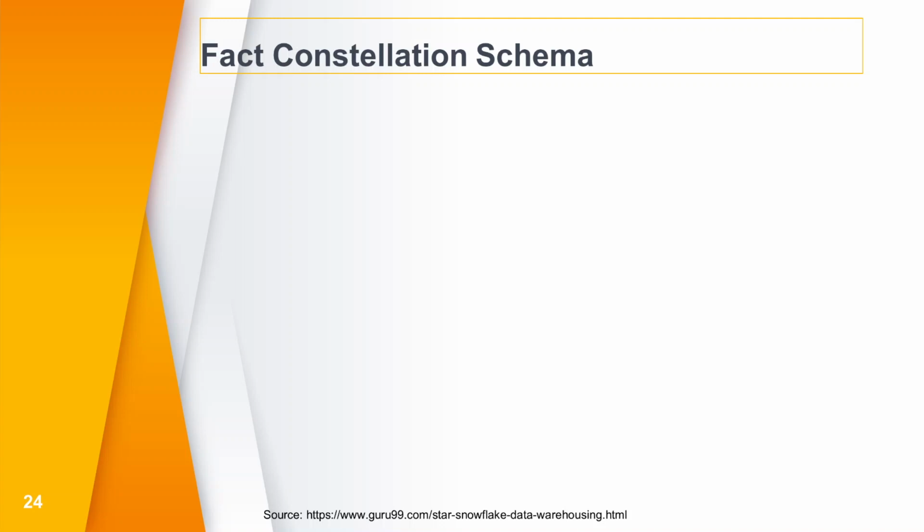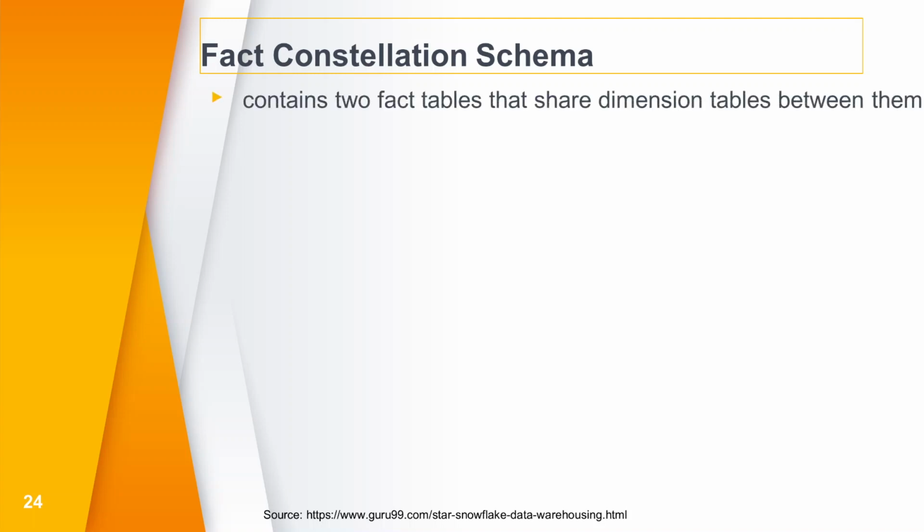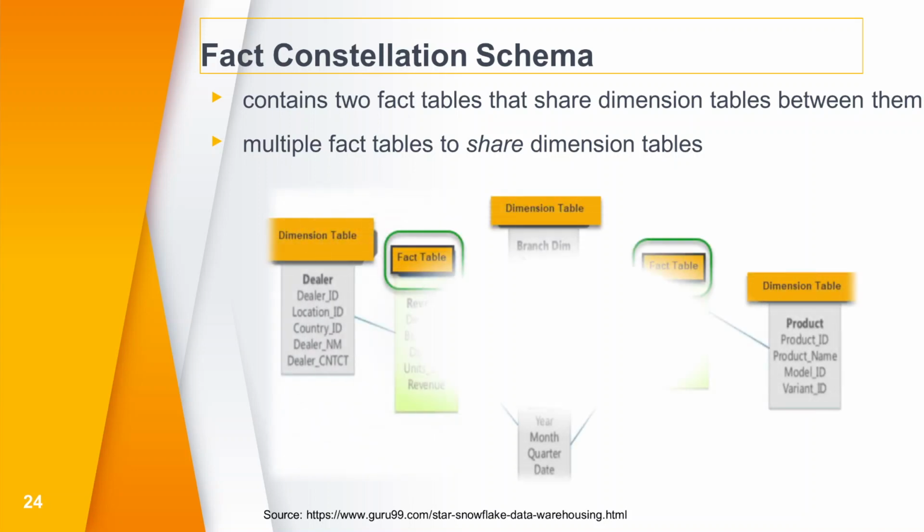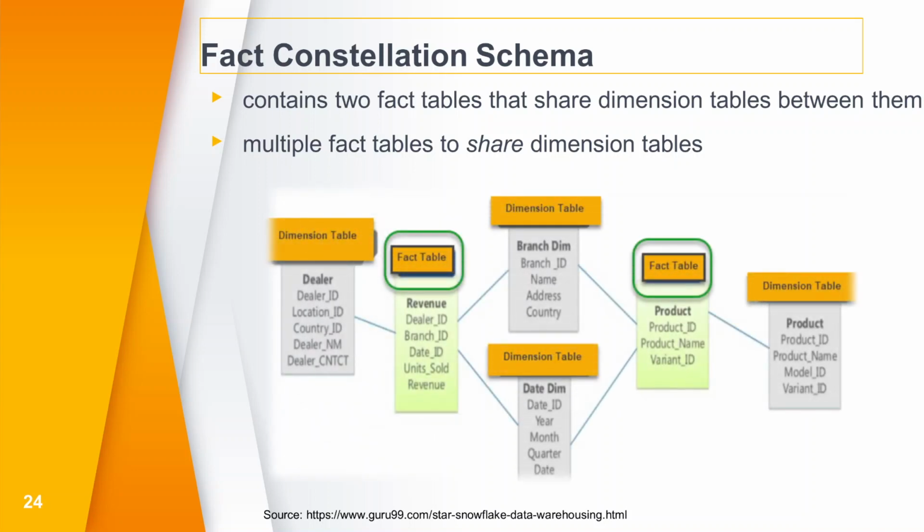The third one is called the fact constellation schema, also known as galaxy schema, because it contains two fact tables that share dimension tables between them. Therefore, the fact constellation schema has multiple fact tables sharing dimension tables, such as in this one.